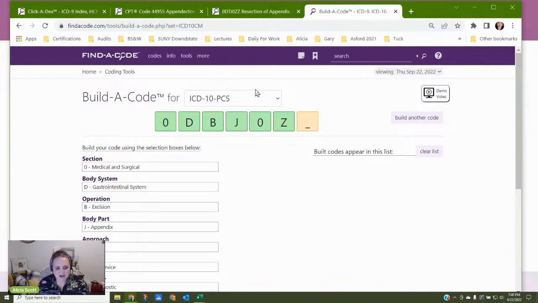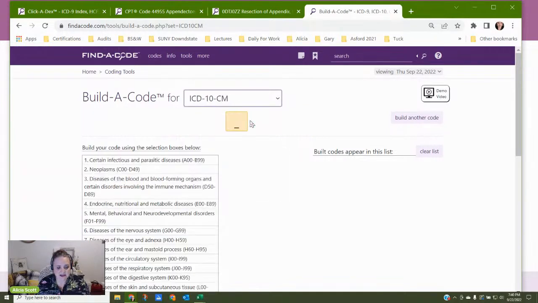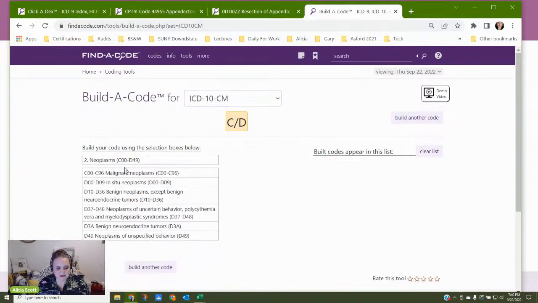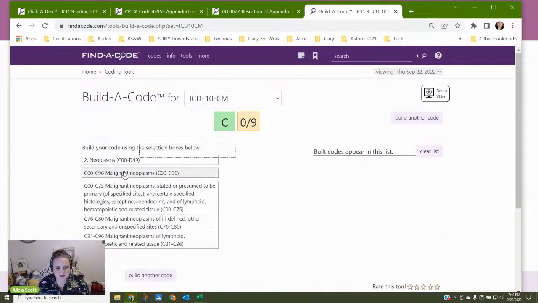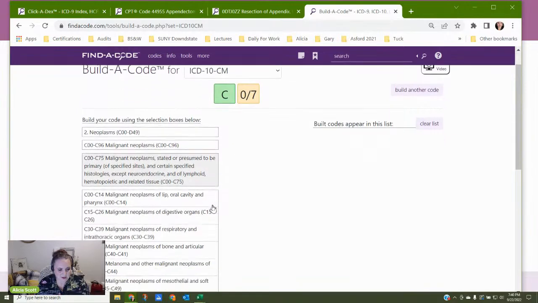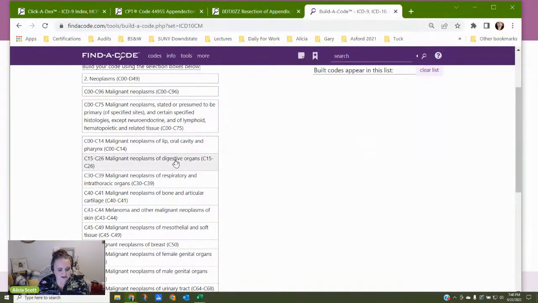Isn't that cool? You can do that with ICD-10, where it says, let's look up that metastatic lung cancer, malignant neoplasm. Let's not do metastatic. Let's do primary. And then it says ill-defined. No. Let's see how I can just digestive organs.